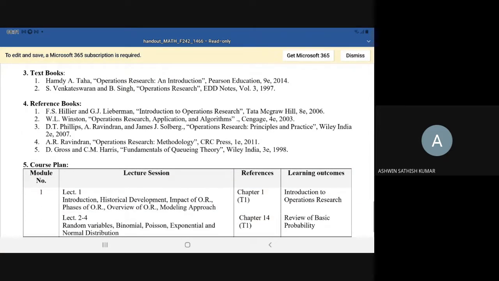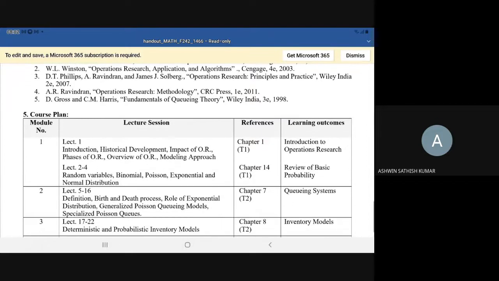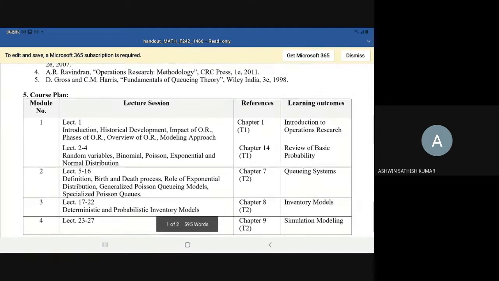Mainly, this course is categorized into 8 modules, and each module is absolutely independent. Only the first module is useful for all the other modules; the rest of the 7 modules are independent of each other. In the first module, we will cover an introduction to probability theory.